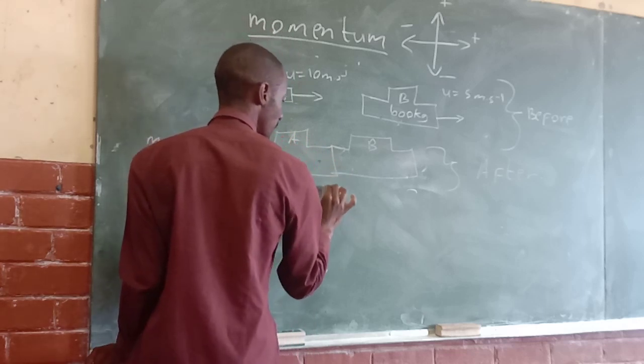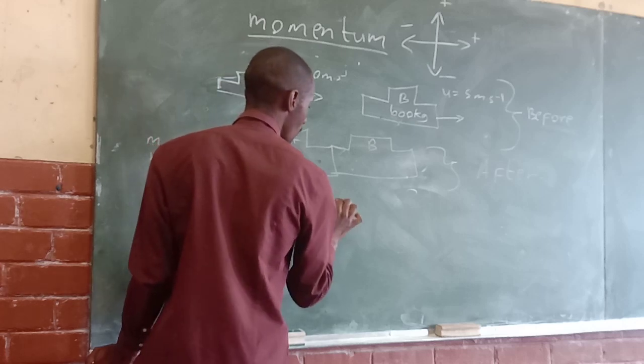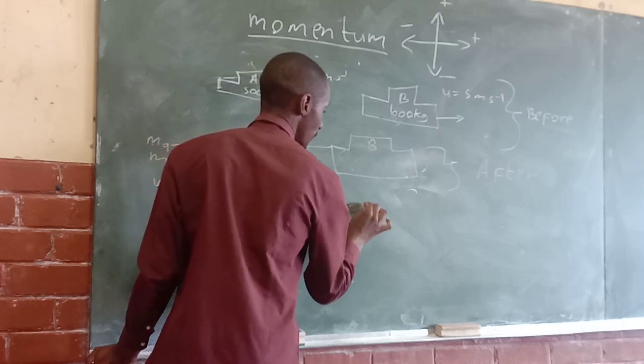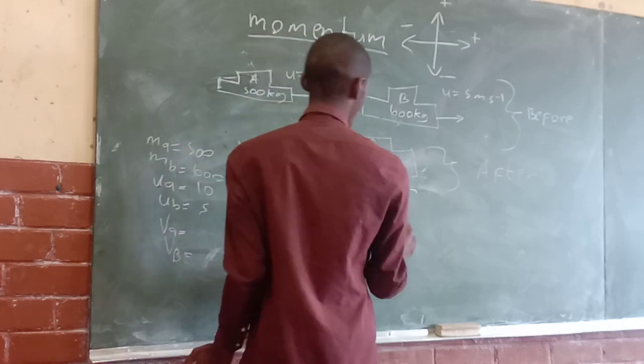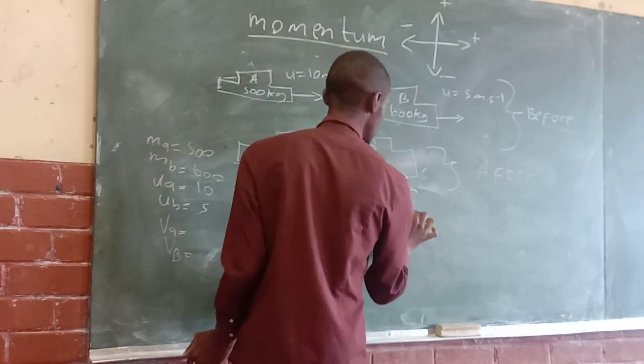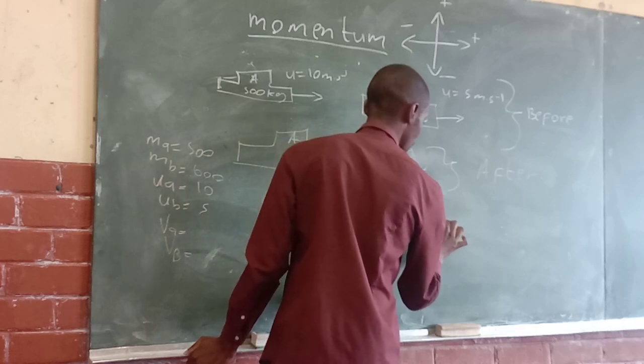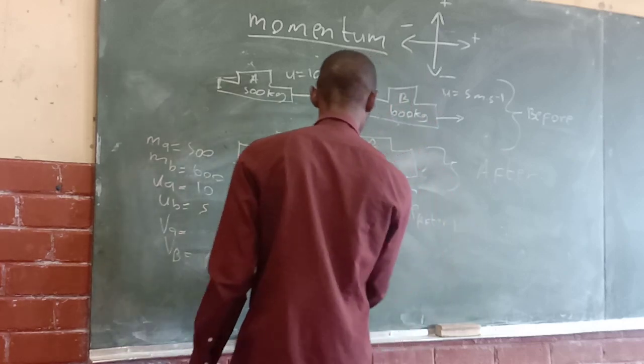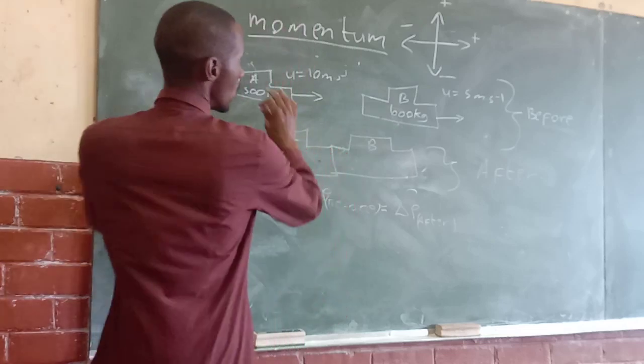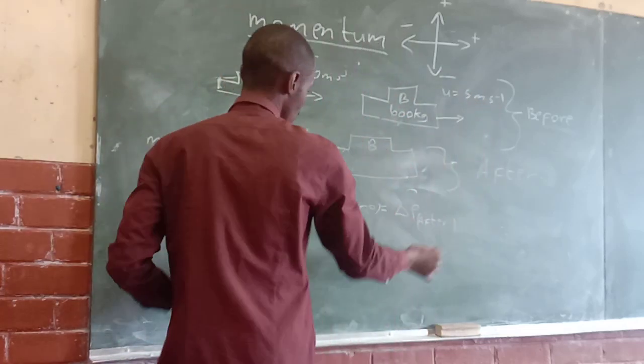Now this is the equation that you were introduced to. There is momentum before and momentum after. So we know before we had initial velocity and after the final velocity.